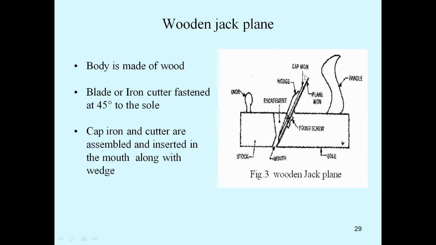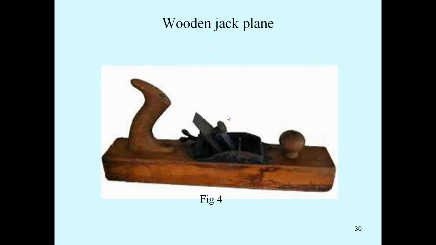You can see here, this cap iron is assembled to the cutter and inserted in the mouth of the stock or sole along with the wedge. So the cap iron and cutter are assembled together and inserted in the mouth of the sole along with the wedge at an angle of 45 degrees. You can see the actual diagram.